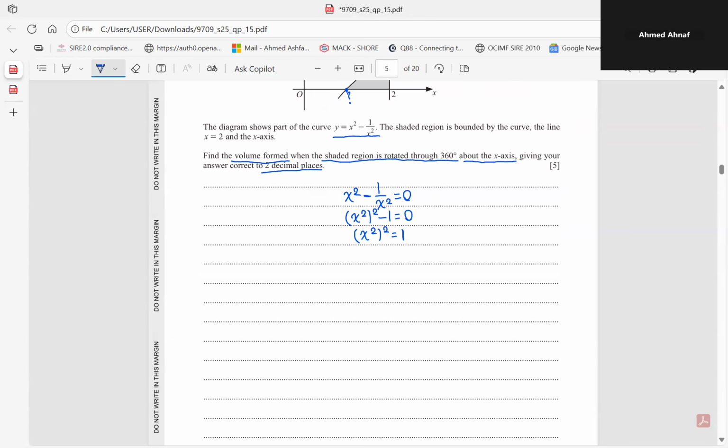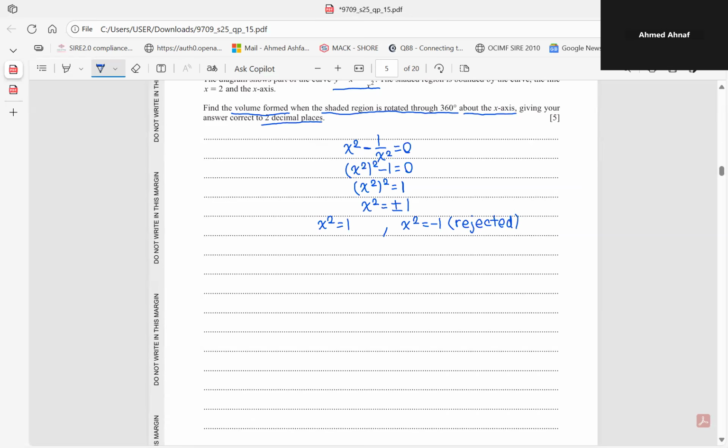And now we can take the square root on both sides. So x squared would just be equal to plus or minus 1. So x squared would be 1 and x squared would also be negative 1. So we're going to reject this value because we know that x squared is always greater than or equal to 0.